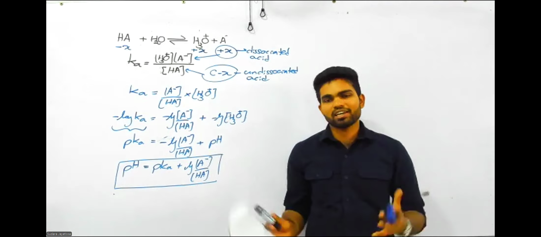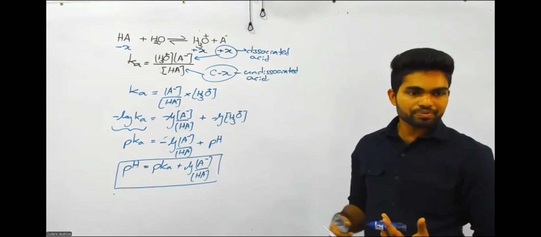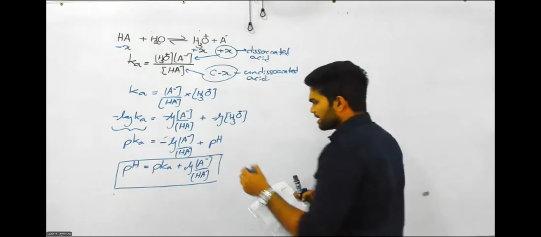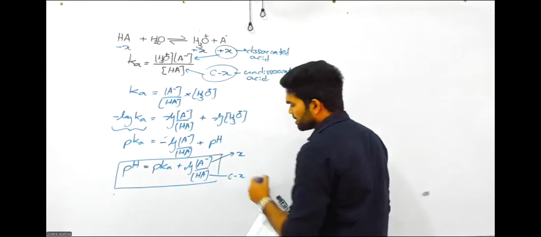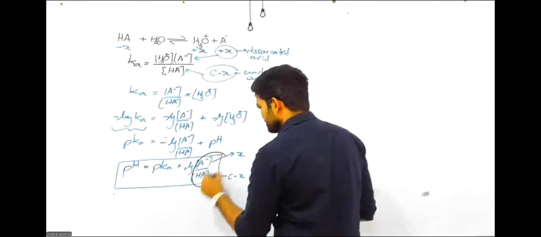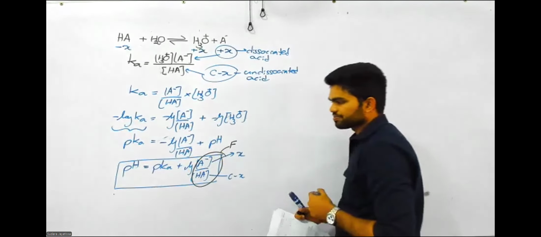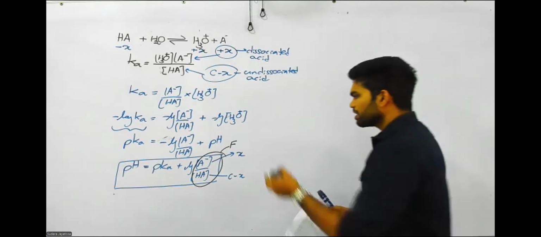It can be used anywhere. Questions like this use Henderson, but this is the buffer. Anyway, this is your dissociated amount and this is your undissociated amount. So simply that means this fraction is what is actually given there as f. So this is your log f.